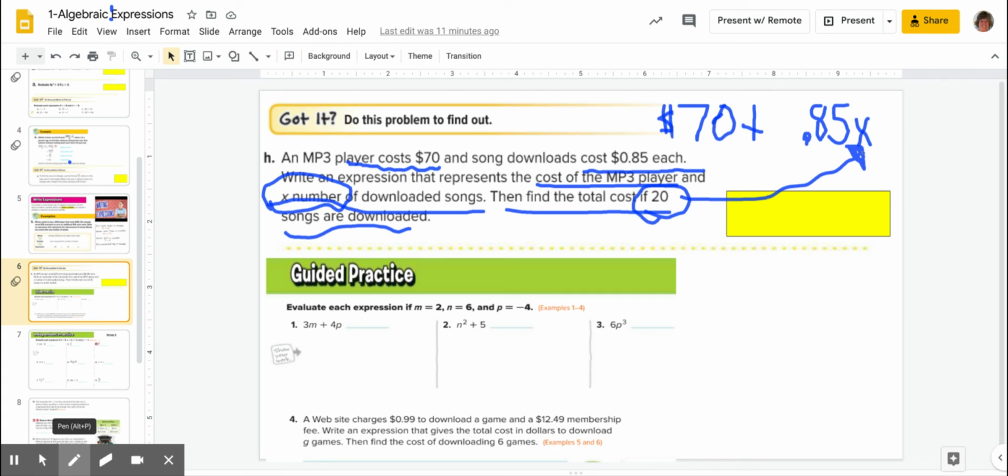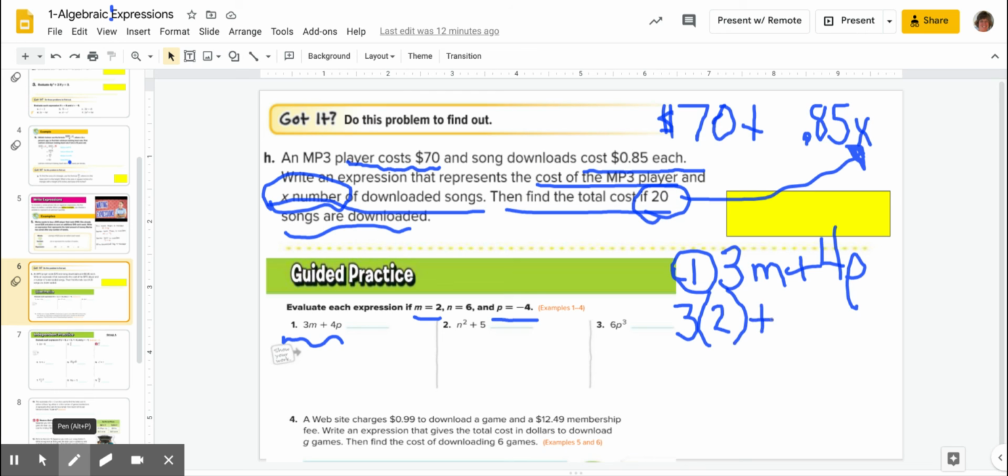Okay, so we are going to go on and we're going to do number 1. Number 1 says 3m plus 4p, and m is 2 and p is a negative 4. 3 times m is 3 times 2 plus 4 right next to p means 4 times whatever the value of p is, which is a negative 4. 3 times 2 is 6 plus 4 times a negative 4 is a negative 16.